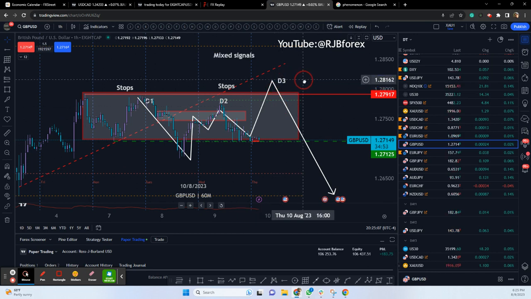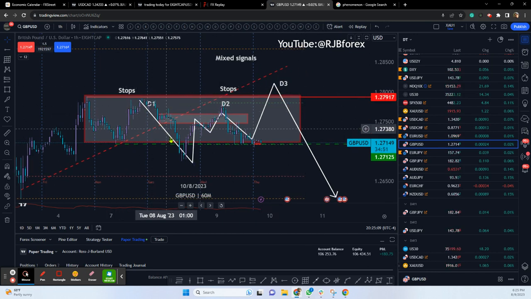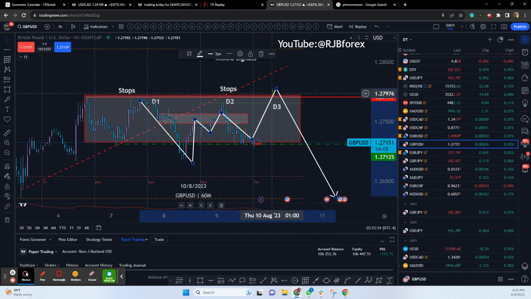And the peak formation is day 1, day 2. Peak formation here. Tricky one, mixed signal, so maybe we'll come up high to come low.